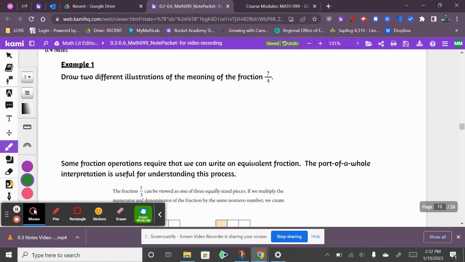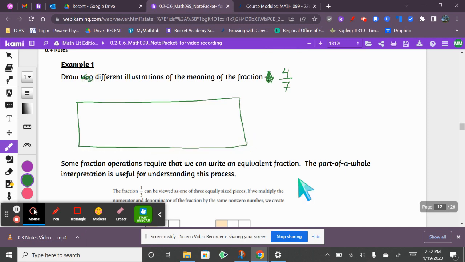Two different illustrations for the meaning of 7/4, and I'm actually going to have us change this to 4/7. And I think that we'll be okay with just one representation.